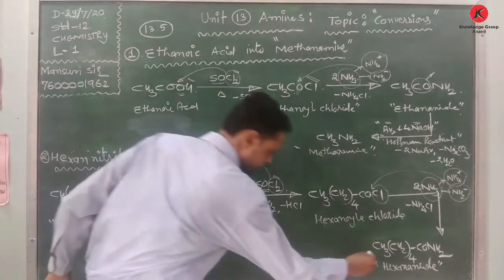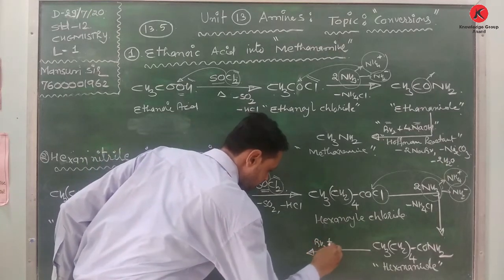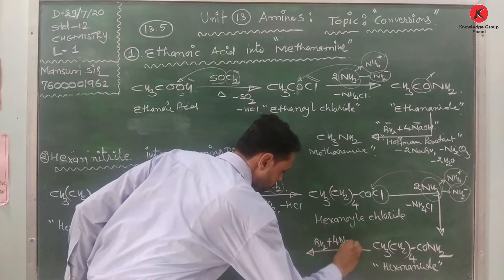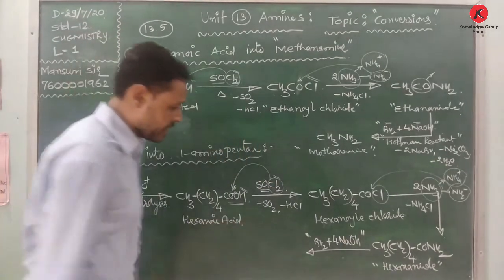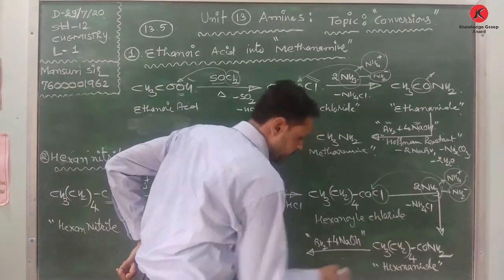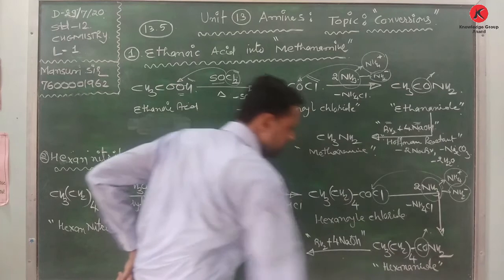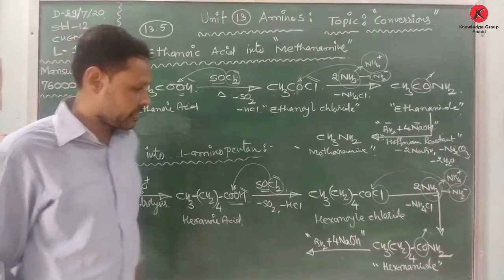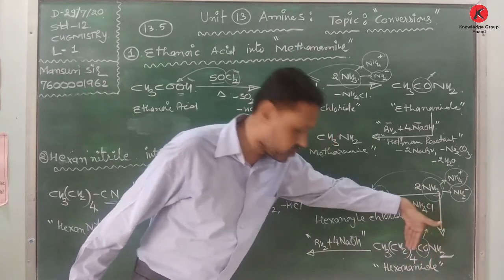Thereafter, hexanamide reacts with the mixture of Br2 plus 4NaOH, which is Hofmann reactant. Now, Hofmann reactant will make this carbonyl group exit. This carbonyl group will be removed and this alkyl group will be joined.